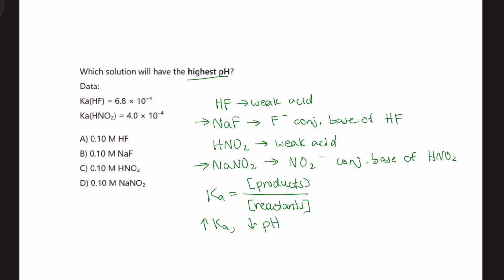And therefore, if I want to find the solution that has the highest pH, I need to pick whichever one has a lower Ka value. And the lower Ka value is the one for HNO2, which corresponds to NaNO2 for the conjugate base. So we're going to pick option D. Hopefully that one made sense.